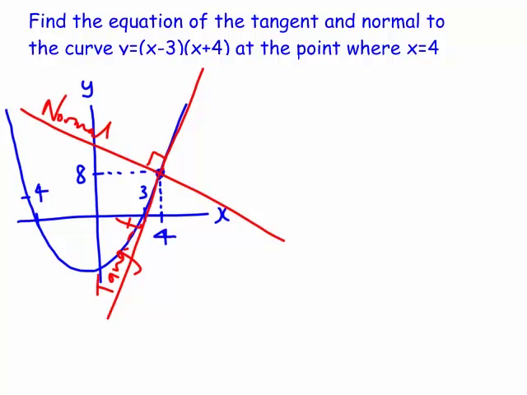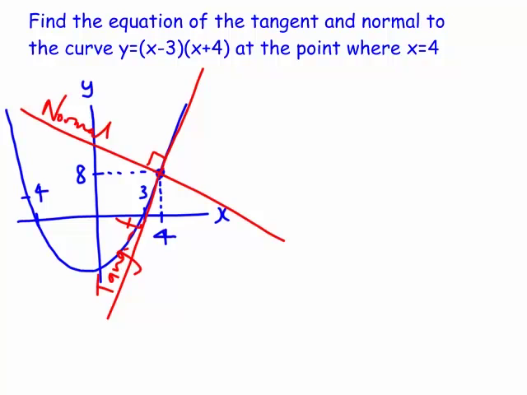Well, the first thing, we could differentiate this particular curve y. We could differentiate it by the product rule, or I think I'll just expand it out and differentiate it as it stands.